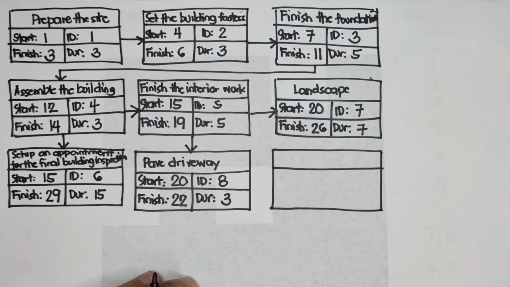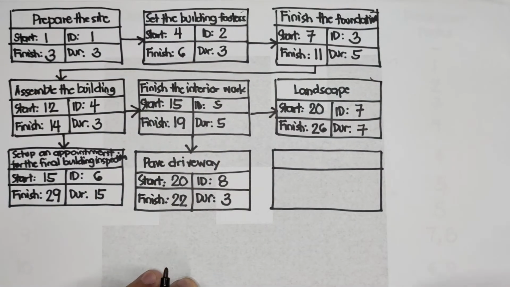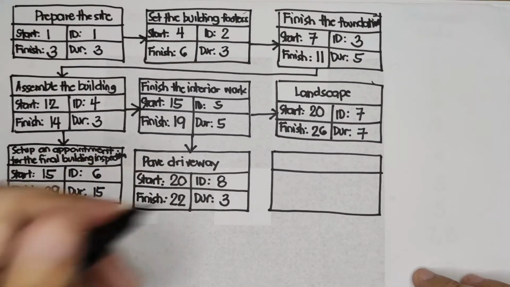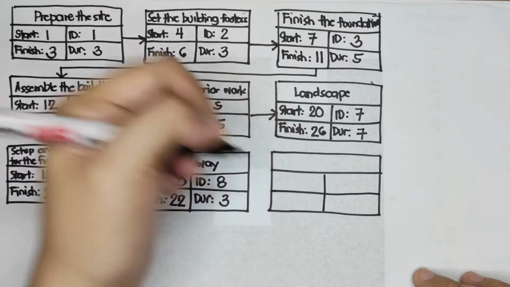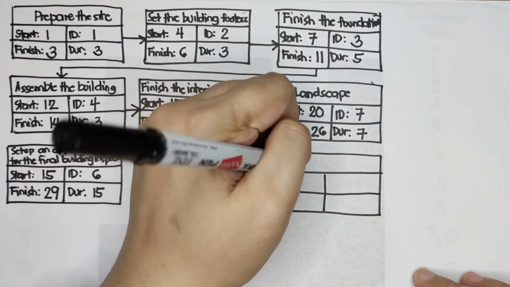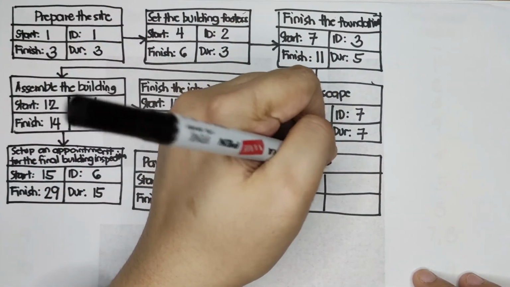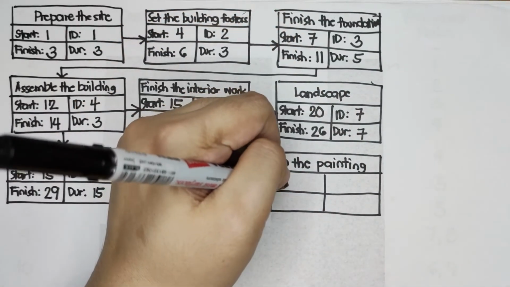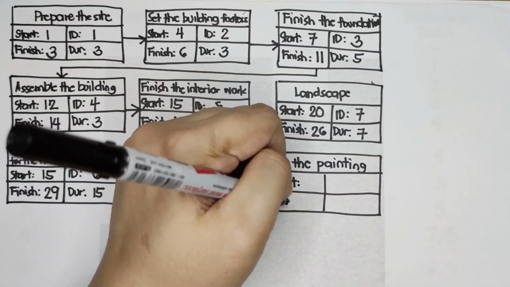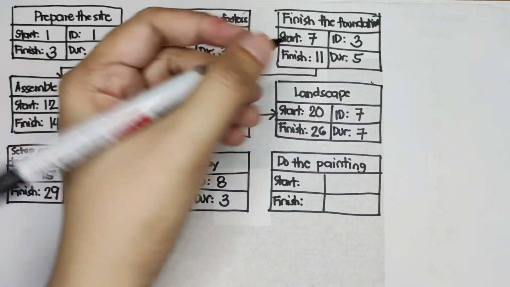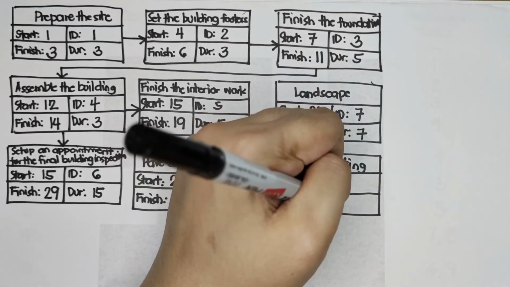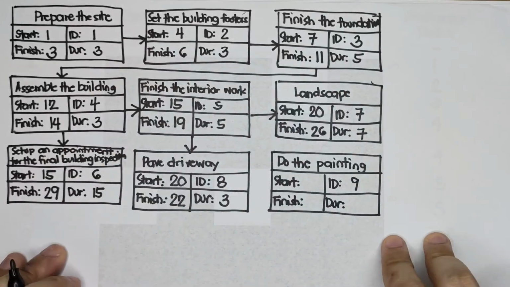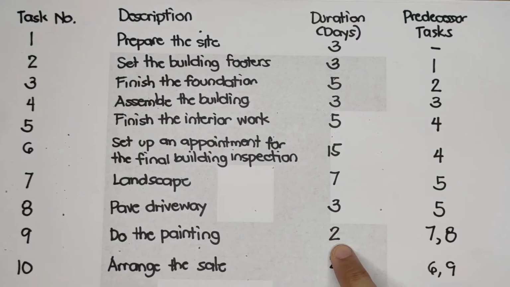The task is do the painting. We have the start, finish, and then ID, and then the duration. It's ID number 9, task number 9, duration is 2.